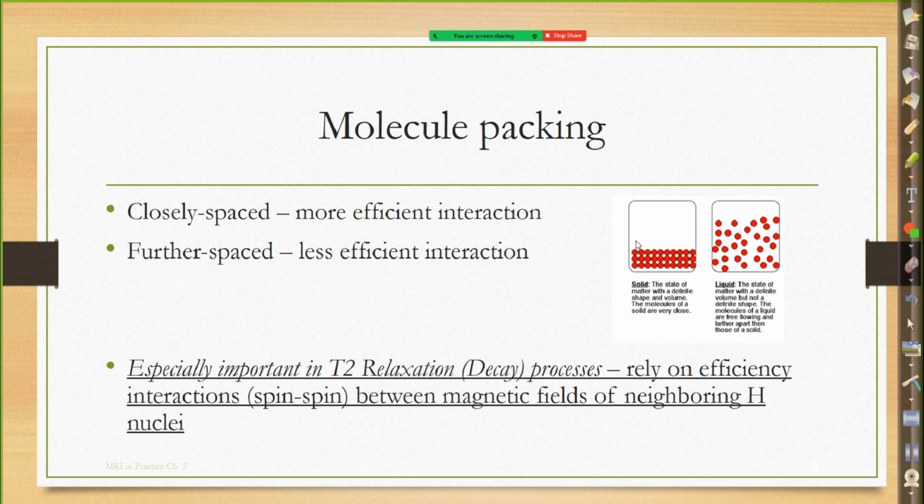Okay? Neighboring spins. Compared to if we had water and we put water in a beaker, those water molecules are free-flowing and they're not going to interact with their neighbor as often as a fat molecule will. So think of water in a beaker, and these are all the water molecules. You can see its neighboring spin is not as close.